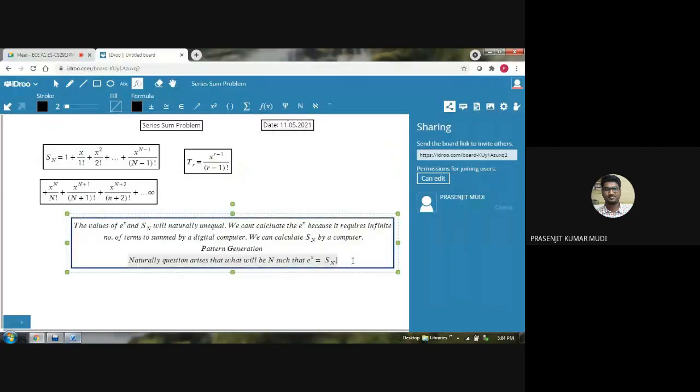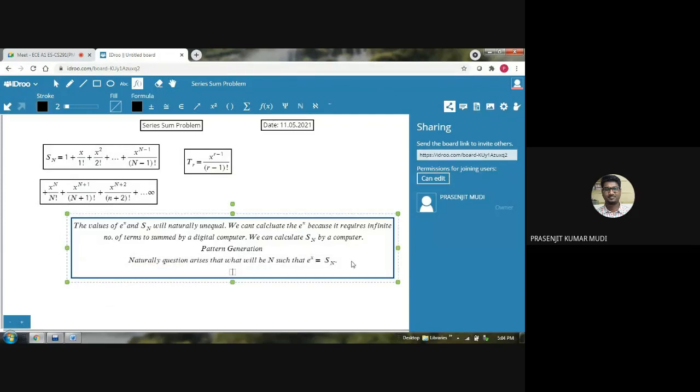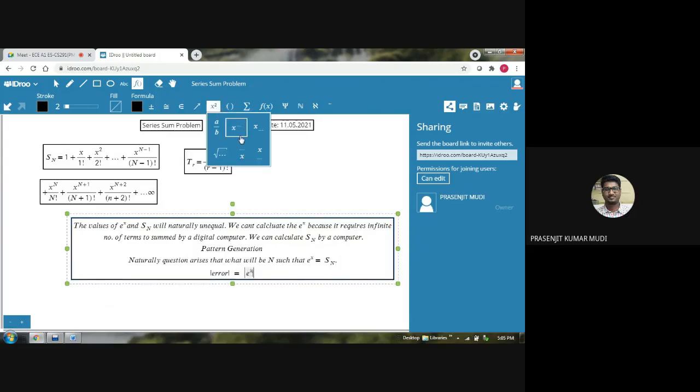Okay, so the magnitude of error is defined as the magnitude of the difference between e to the power x and Sn.